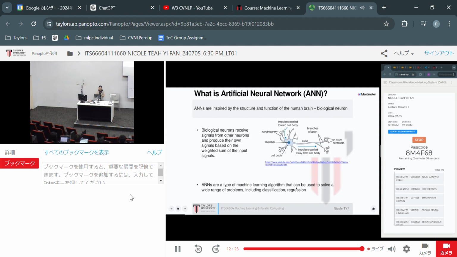So it receives some stimuli, say for example, a touch on your skin, and passes it on towards the next neuron.